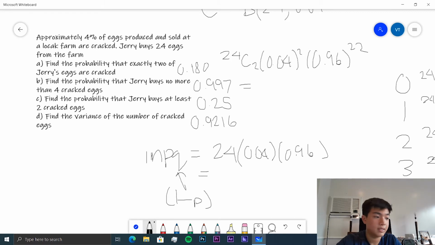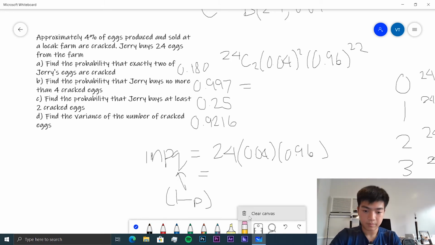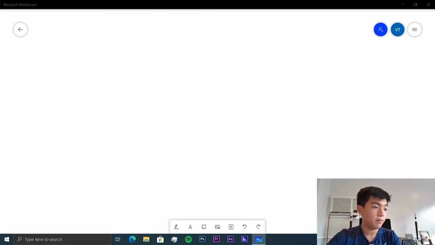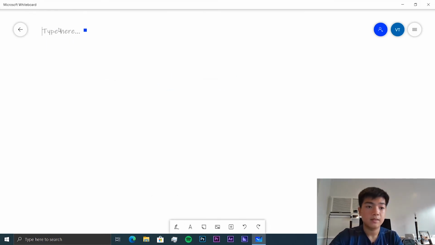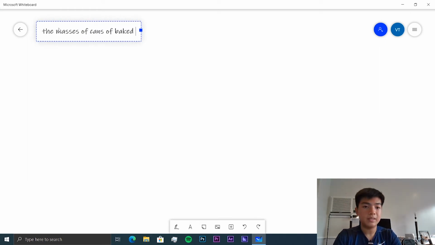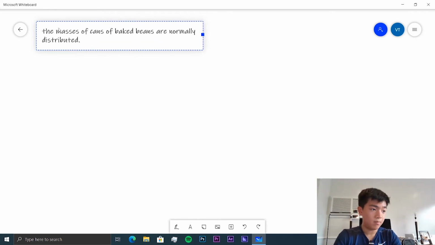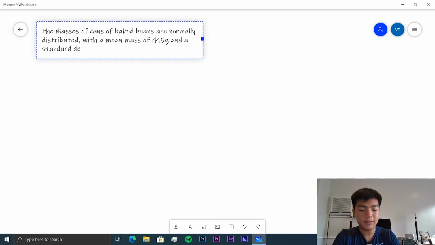Okay, nice. So next question. The masses of cans of baked beans are normally distributed with a mean mass of 415 grams and a standard deviation of 12 grams.